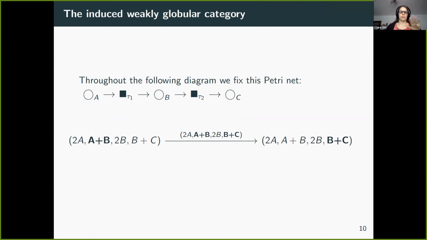For example, for this object of the path we just saw, we have one object with the placement A and B marked, and another object with the placement B and C marked. There is a morphism which goes along this path, and the morphism is the same path, but with 2 token placements marked.